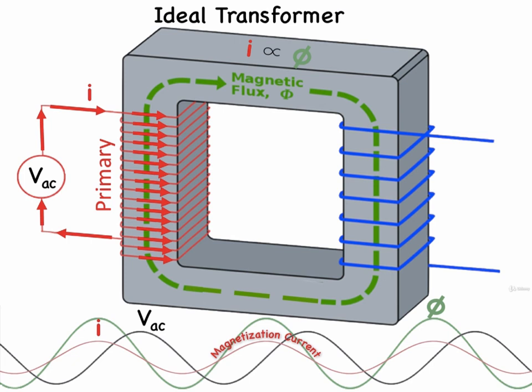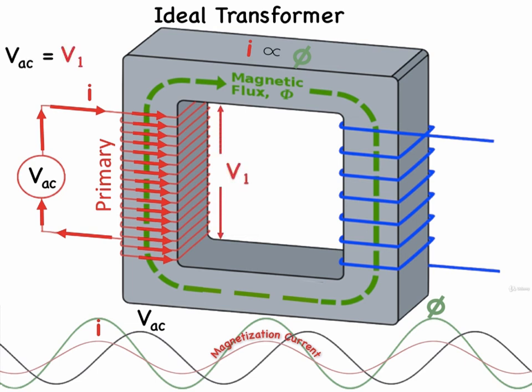And since we are dealing with an ideal transformer, all of that flux flows in the iron and links both coils. Considering the primary coil, we will measure a voltage drop.